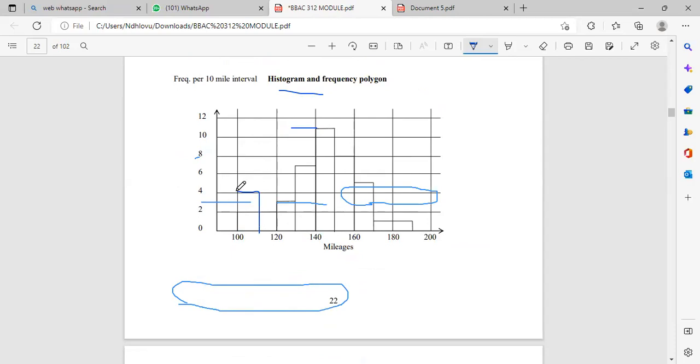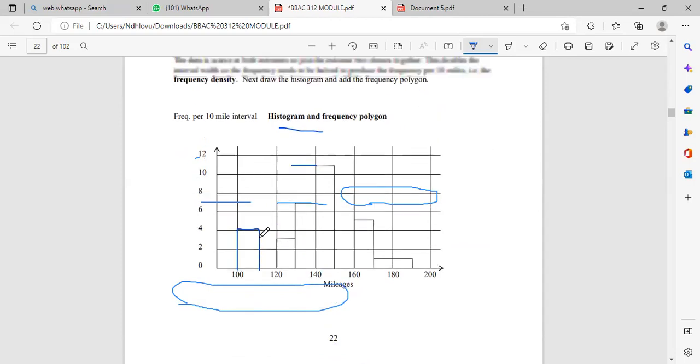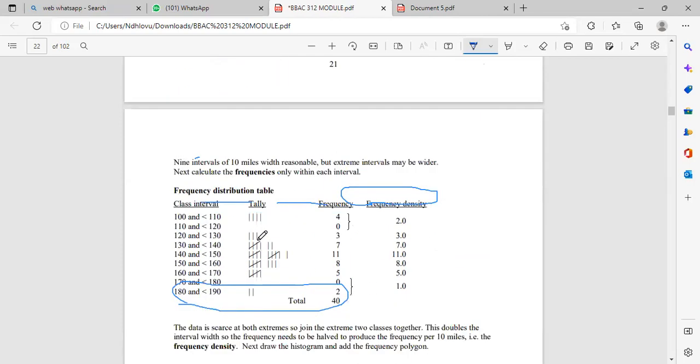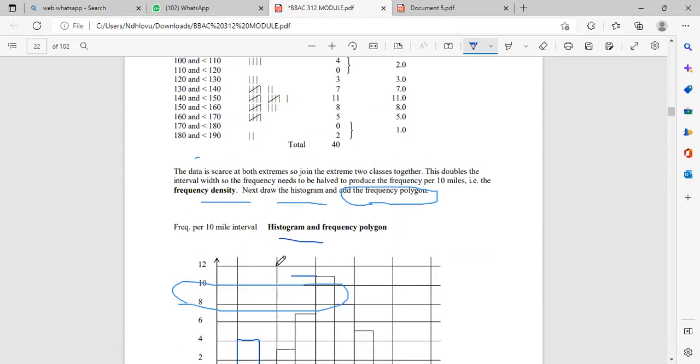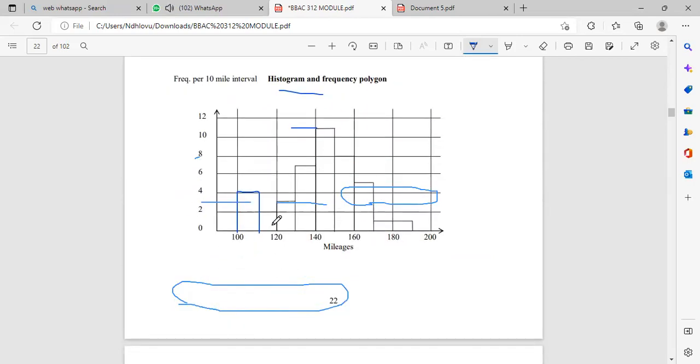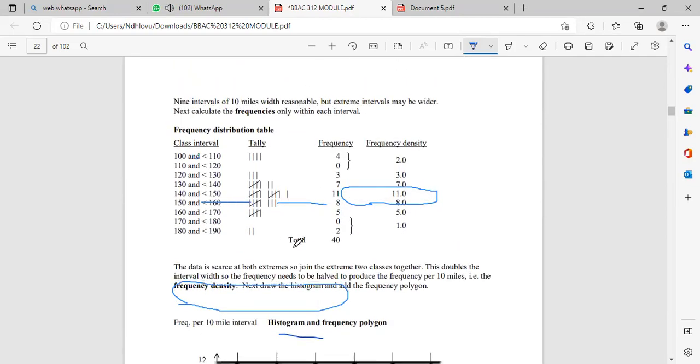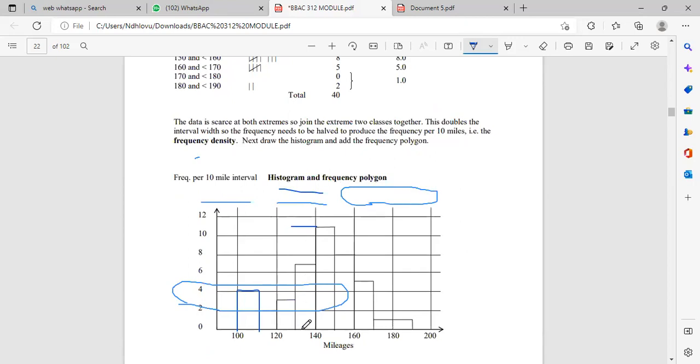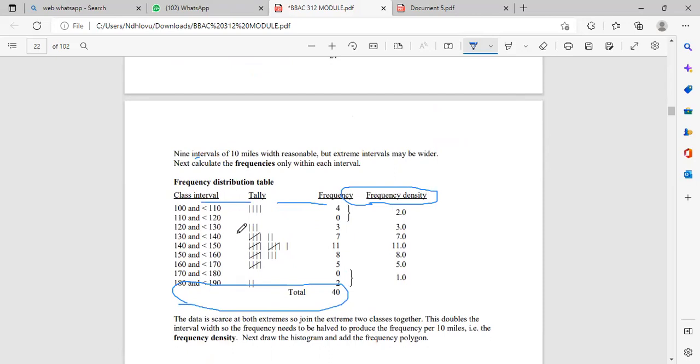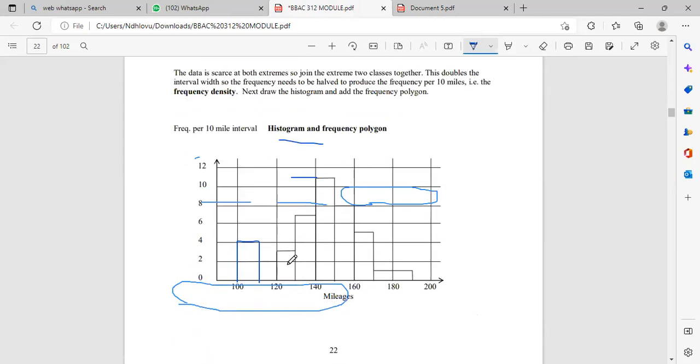So here it was supposed to be a 4. Then we have 110 and 120, there was nothing, so it's nothing here. Then getting down to 120 and 130, there are 3. So that's a 3 here on the histogram.